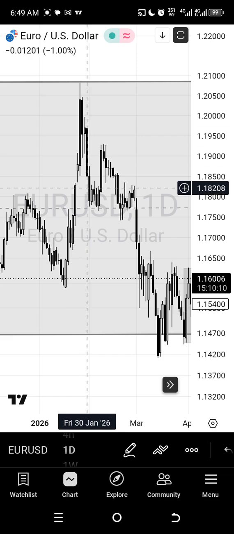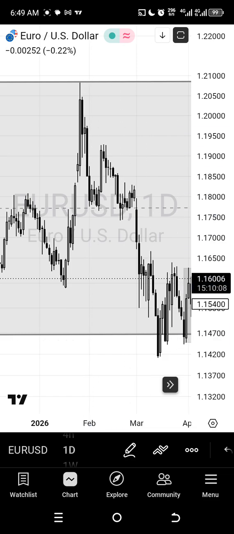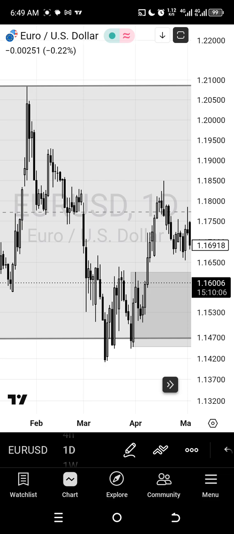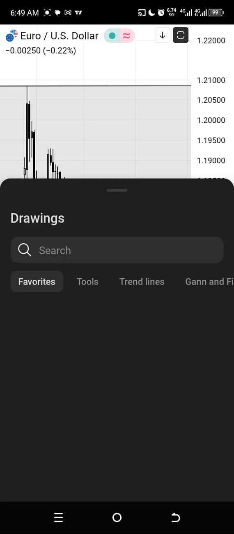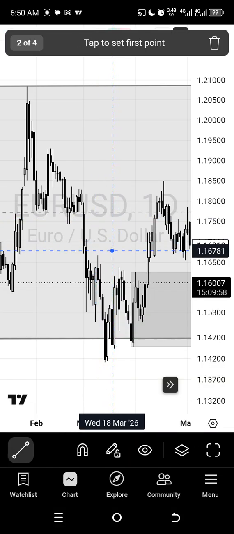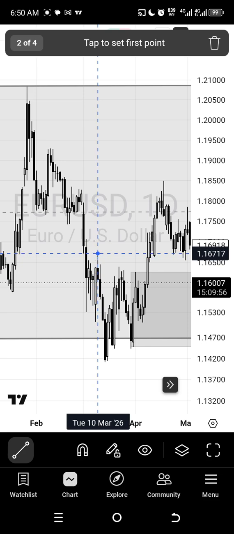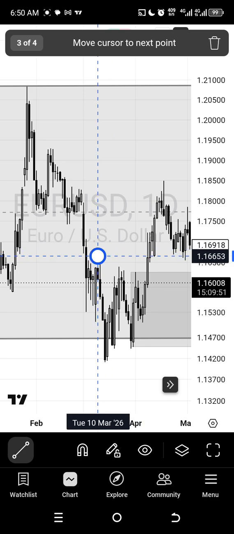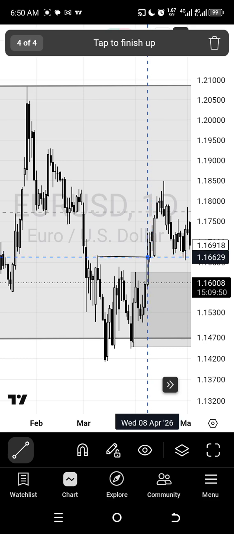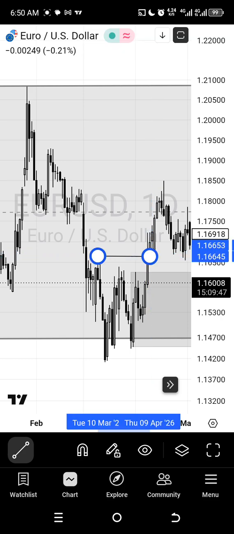Lower lows, lower highs, lower lows, lower highs, lower lows. Price broke above the swing high that preceded the breakout below the swing low here. So price changed trend, and price is now in a bullish trend. That is what I call a market structure shift.